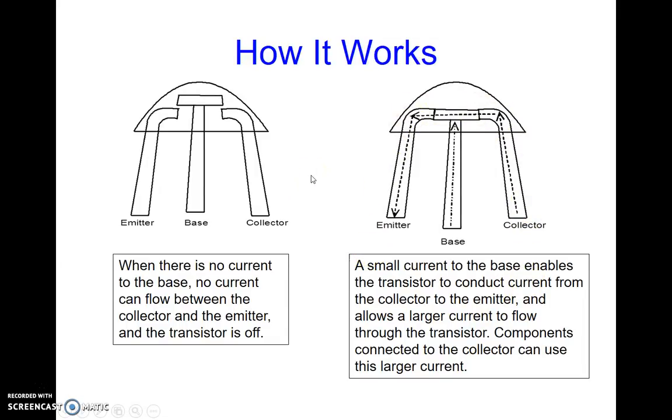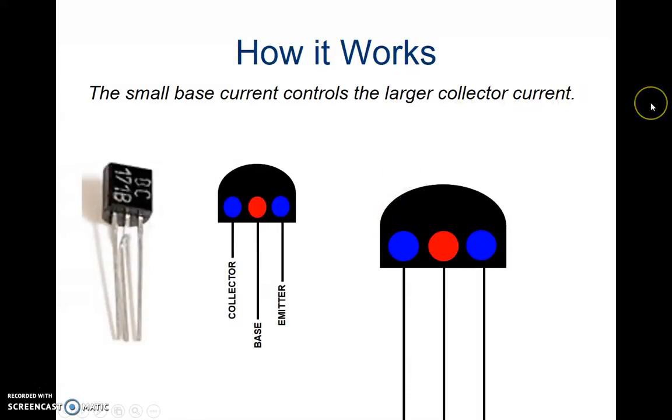All right, so that's how a transistor works. It's very complex compared to some of the other things that we've learned. But if you think about it like that drawbridge, hopefully that makes sense to you. Okay, so once again, it's just showing us how the small base current controls a larger current. Okay, so the collector has a bunch of electricity coming up here, a big current.